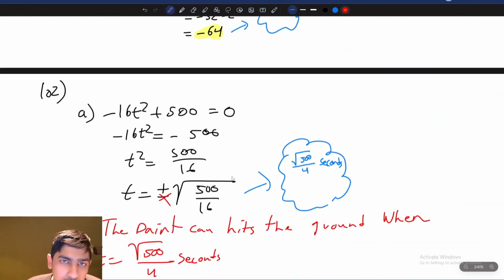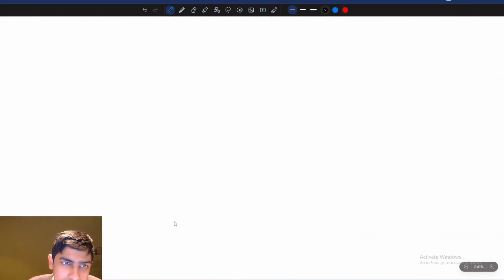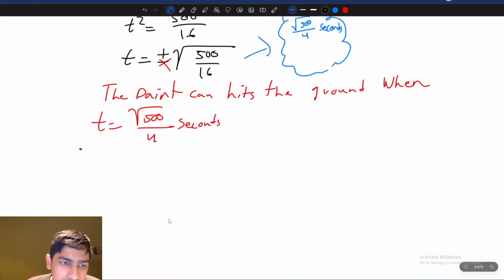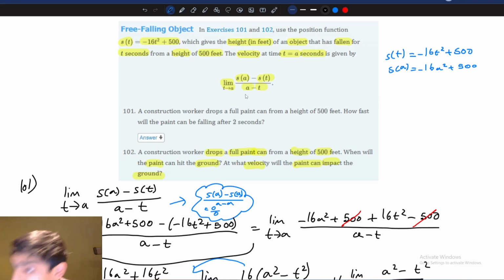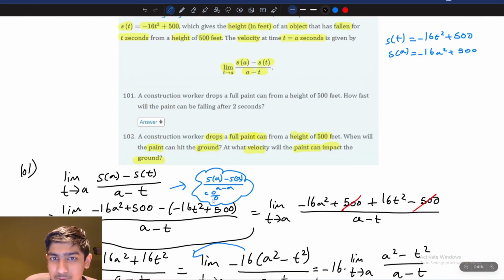So B is: what velocity? First of all, for velocity, we think about this limit here, which gives us velocity. If you guys don't know derivatives yet, I'm trying really hard not to expose the secrets of this, because knowing derivatives and derivative rules I could do this problem in a fraction of the time, since this is a derivative at a point.